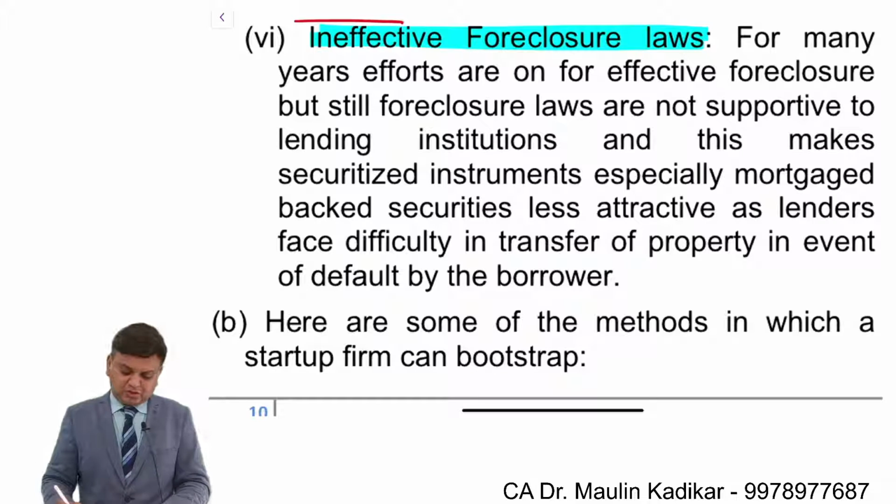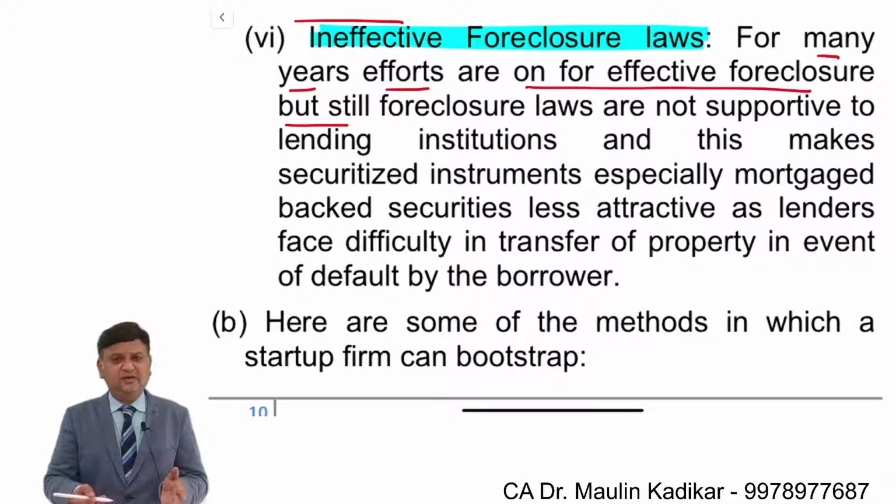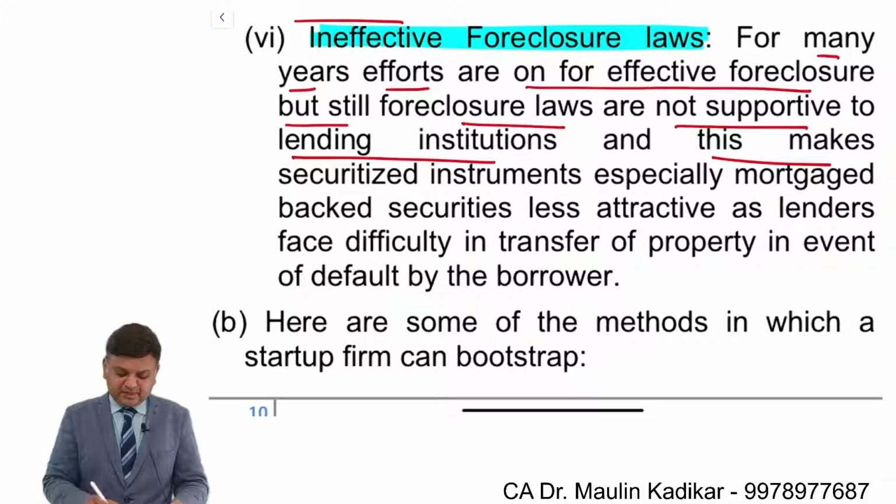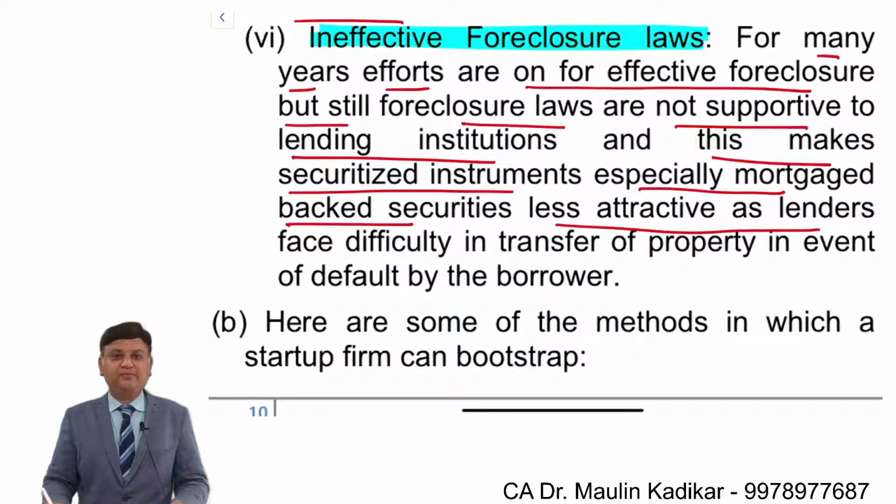Ineffective foreclosure laws. For many years, efforts have been on for effective foreclosure, but still foreclosure laws have not been supportive to the lending institution, and this makes securitized instruments, especially mortgage-backed securities, less attractive.